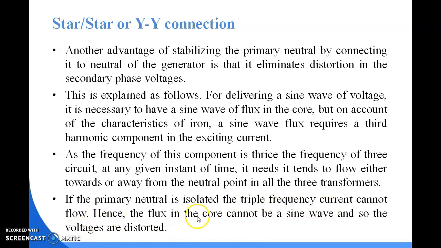Hence, the flux in the core cannot be a sine wave, and so the voltages are distorted. So here we can conclude that there is a big advantage of stabilizing the primary neutral. After connecting it to neutral, what will happen? It will eliminate the distortion in the secondary phase voltages.